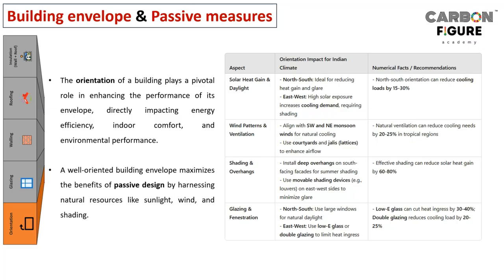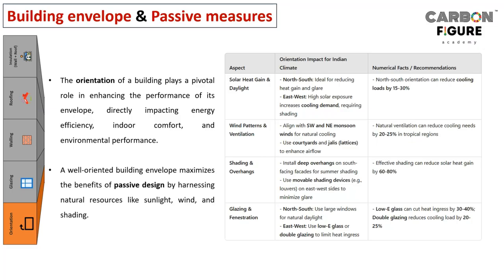Install deep overhangs on south facing facades for summer shading, and use movable shading devices like louvers on east west sides to minimize glare. This can be effective and can reduce solar heat gain by up to 60 to 80%. Shading and overhangs are again a very important aspect.